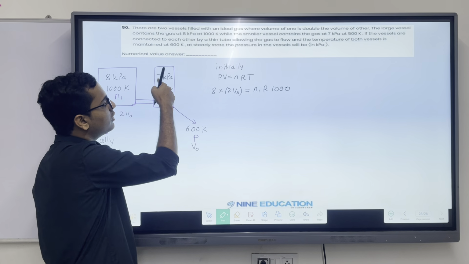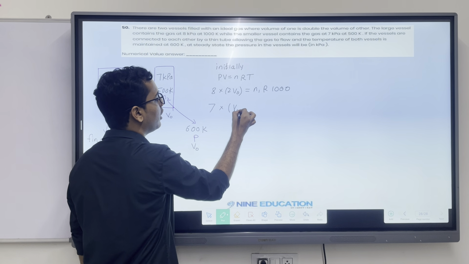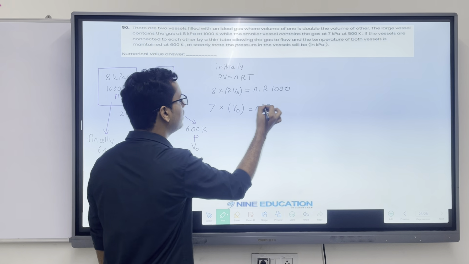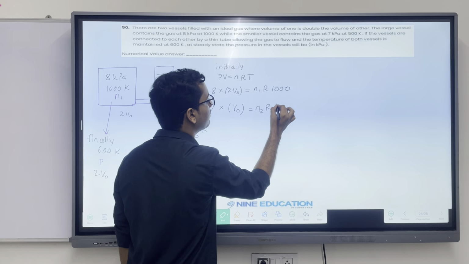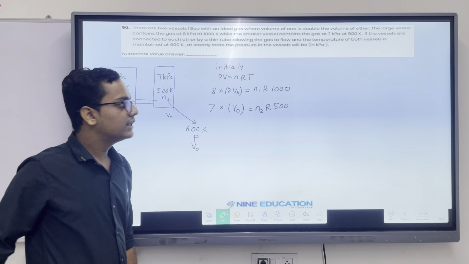What about this one? 7 kilopascal into volume V0 equals n2 moles into 500 Kelvin. This is the initial condition.